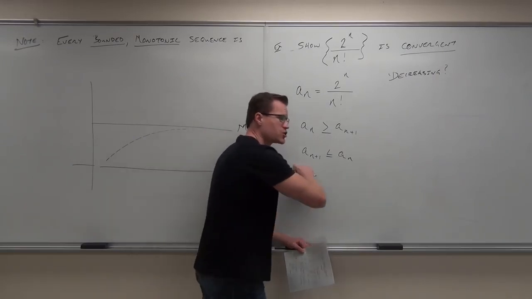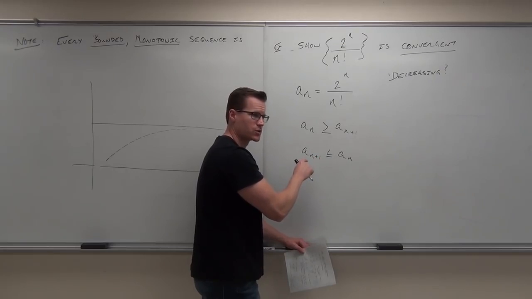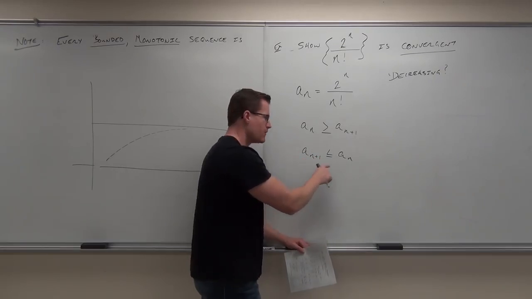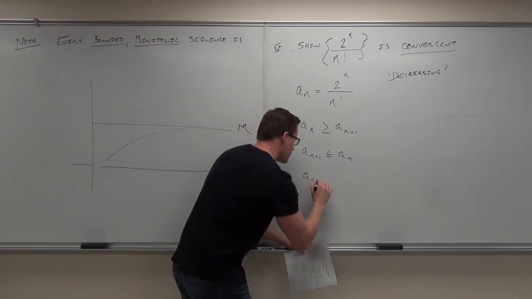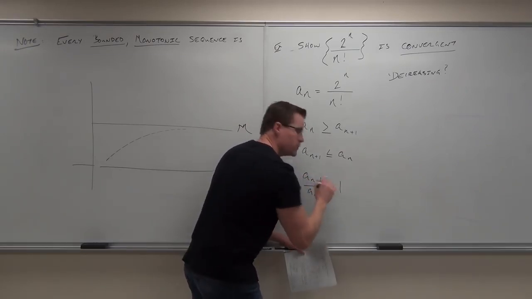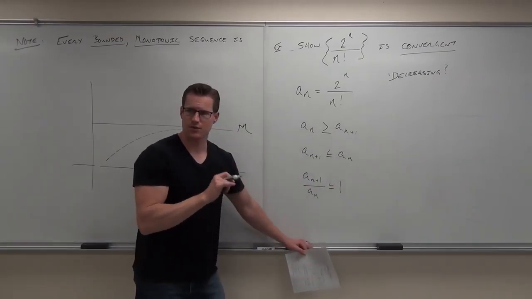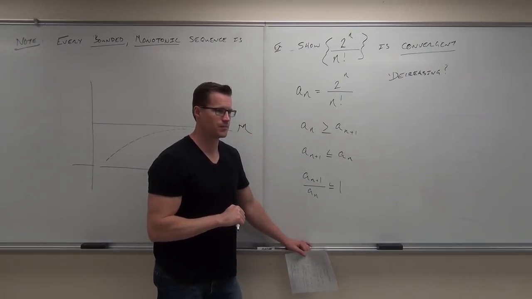You can just show it straight up, like we did with one example, or you can use a ratio approach. Watch this. If I divide both sides by a sub n, I would get a sub n plus 1 over a sub n is less than or equal to 1. If you can show that, you show monotonically decreasing.